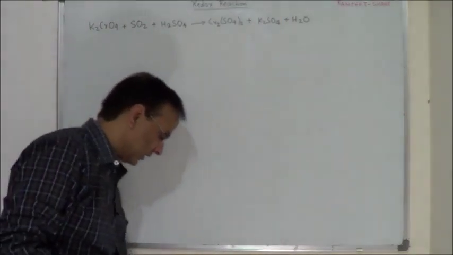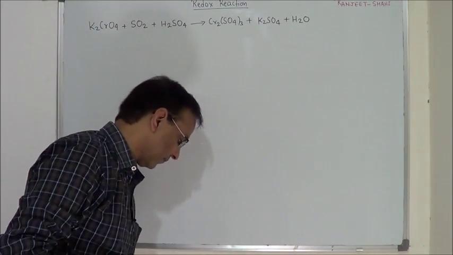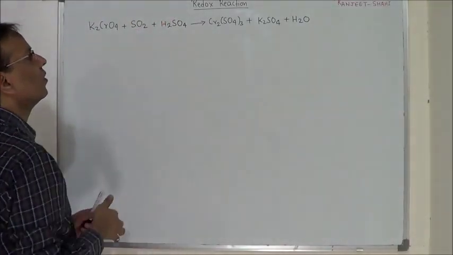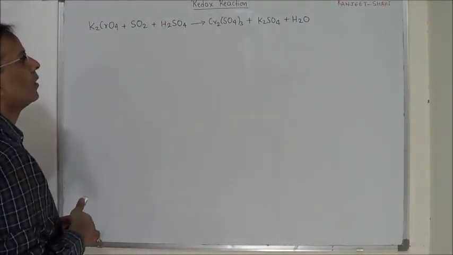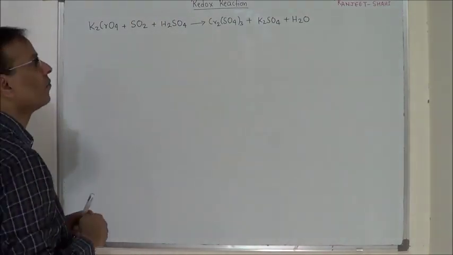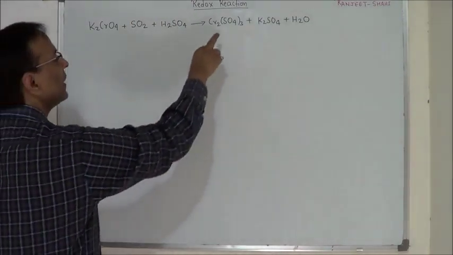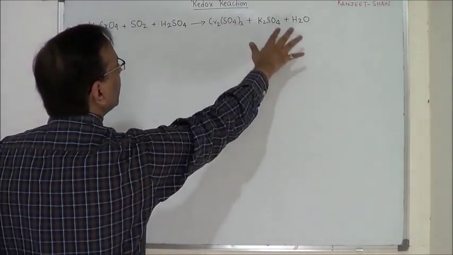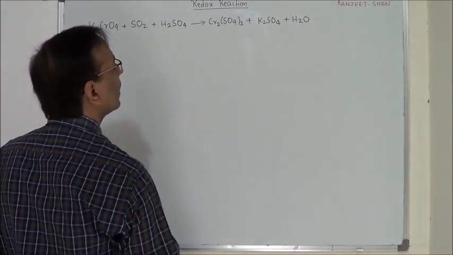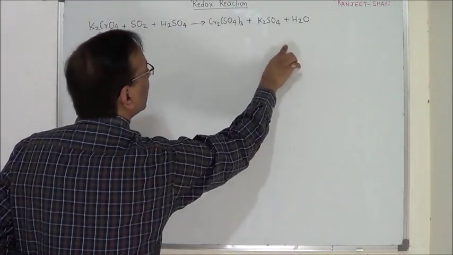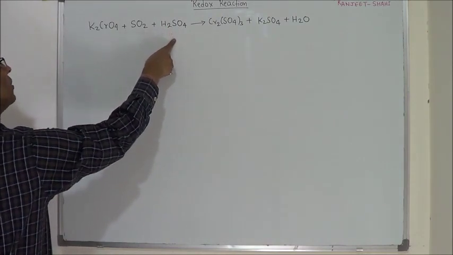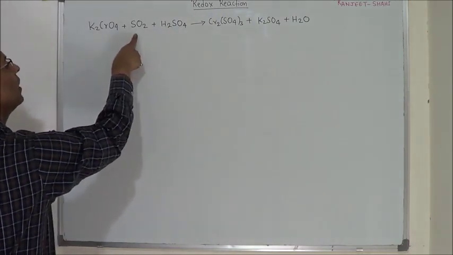In this redox reaction, what we see, sulfur is in SO2 as well as in H2SO4. But on right side, we have all sulfur as sulfate. So among sulfates of the product, some sulfates are directly from H2SO4 and some formed from SO2.